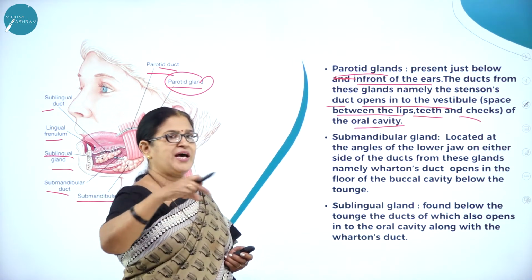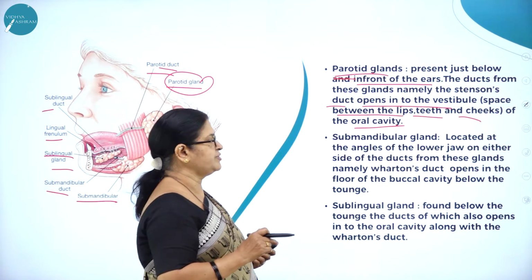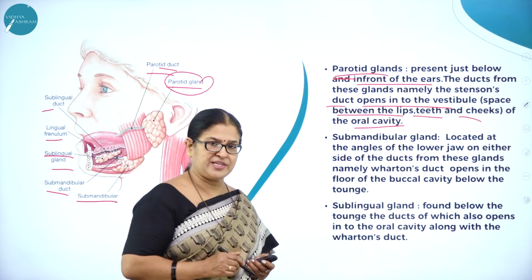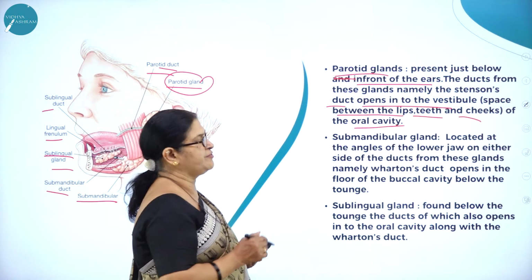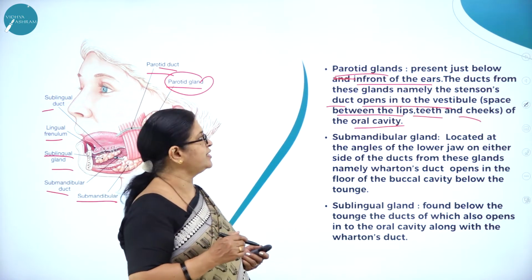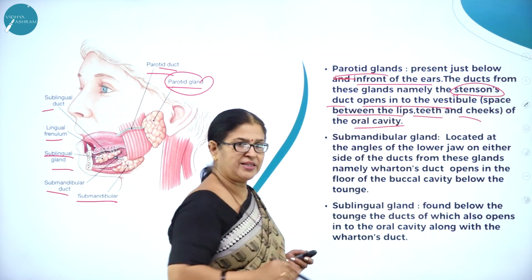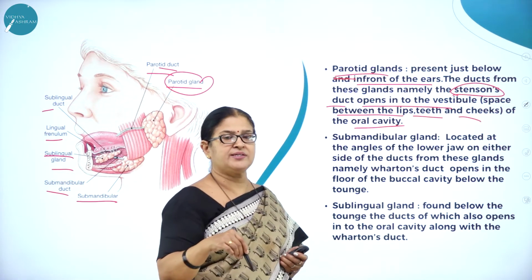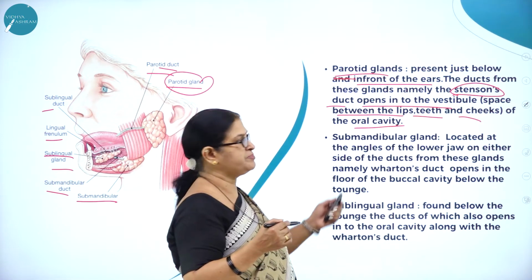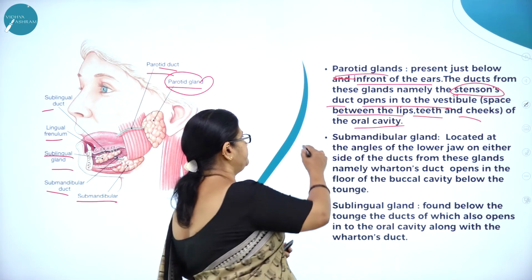So the secretions secreted by the parotid gland are carried by the Stenson's duct, which opens into the vestibule.